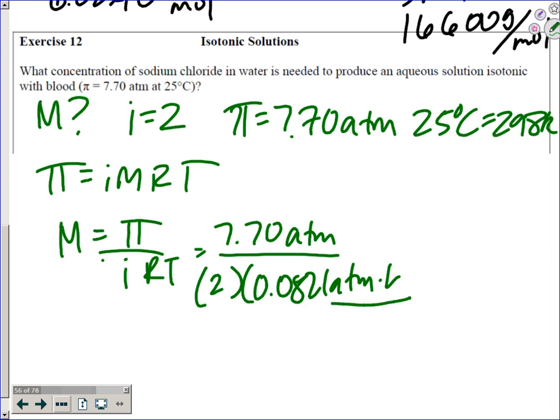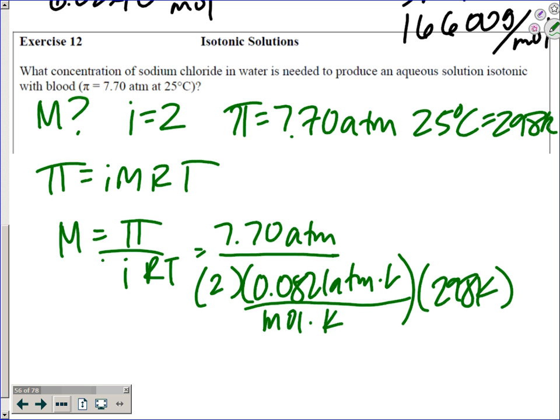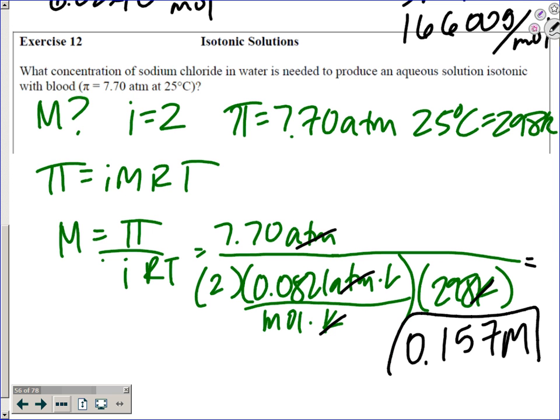Put your laptops up, please. Is released, and i is the van 't Hoff factor, which basically is how many ions it ionizes into.